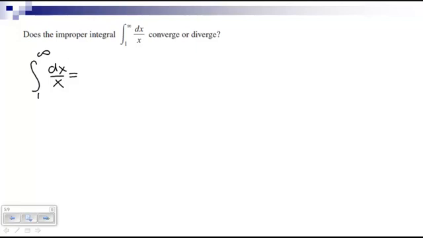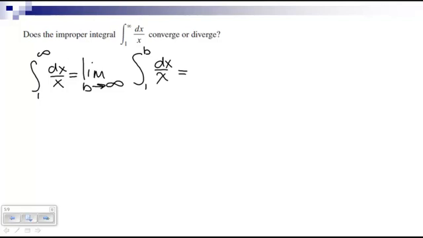What should I write next? The limit as b approaches infinity of the integral from 1 to b of dx over x.